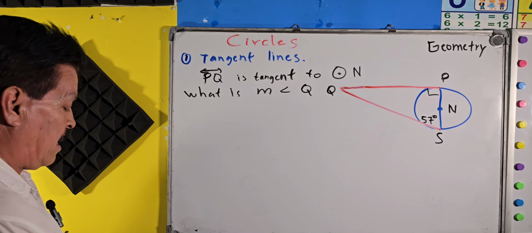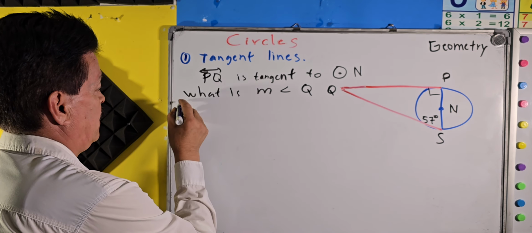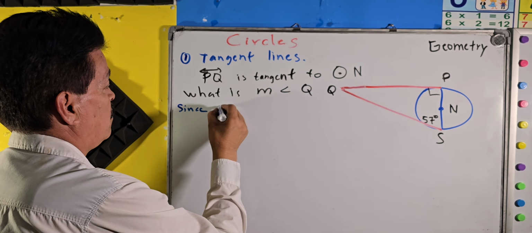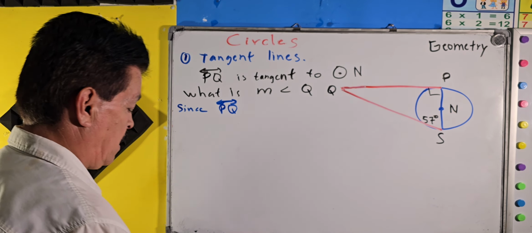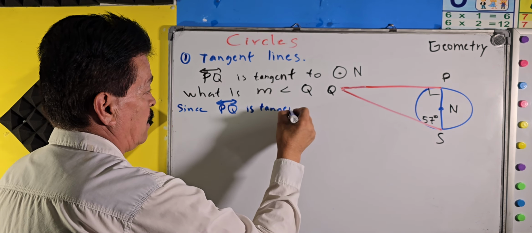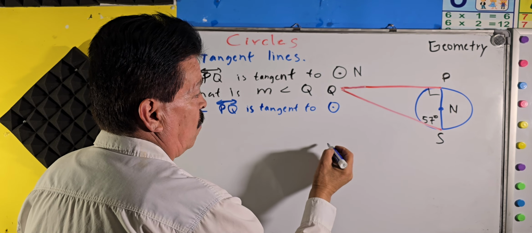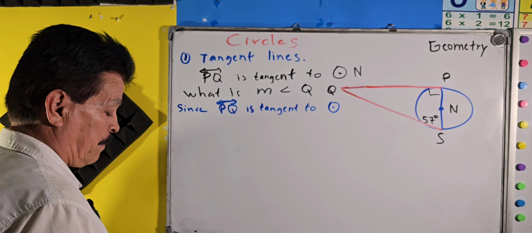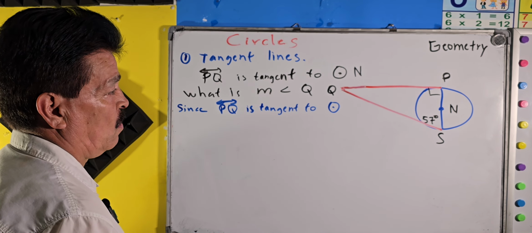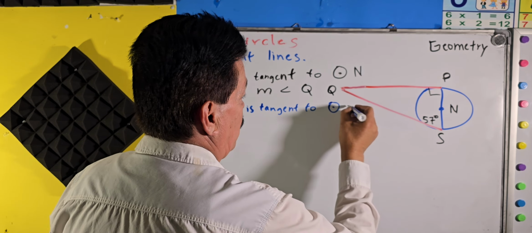So next step, since we have this point, this is Q, so PQ is tangent to circle N. Just write N right there.